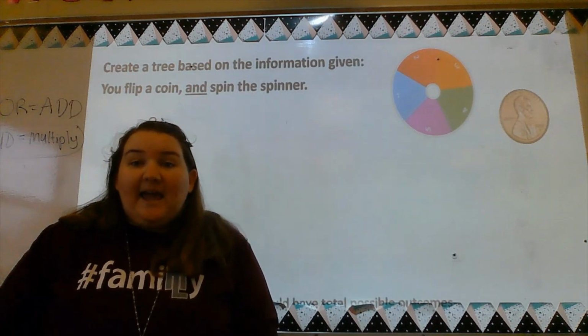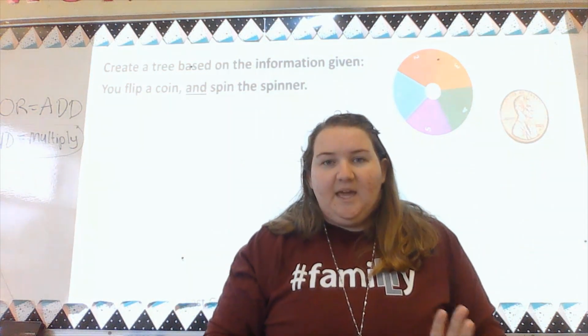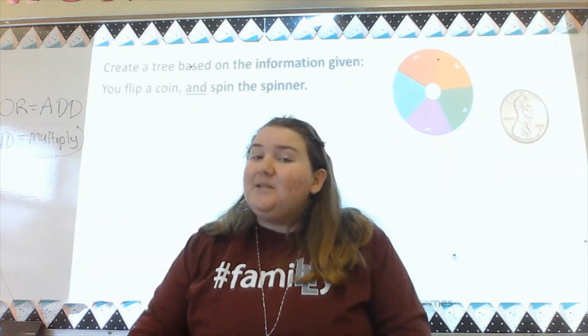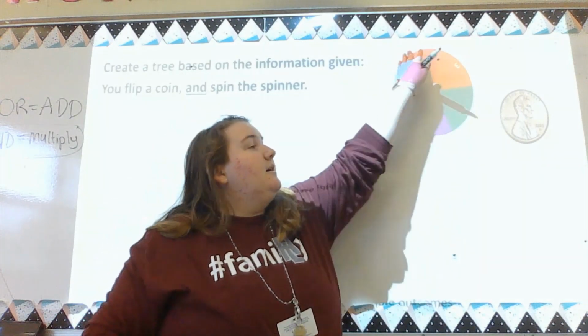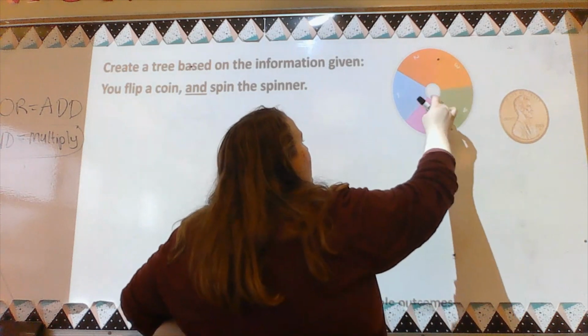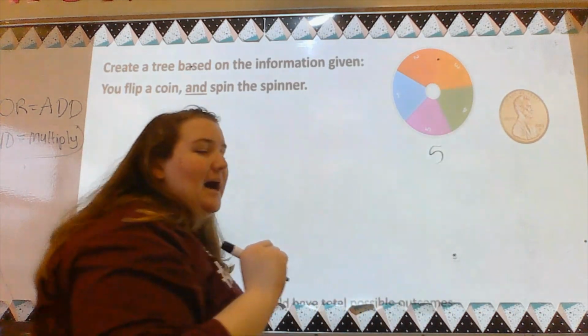Notice the word and is underlined. So if you do one thing and you do another thing, and means to multiply. So we're going to multiply to get my total possible outcome. So looking at my spinner here, I have blue, red, orange, green, purple. 1, 2, 3, 4, 5. That is 5 total possible outcomes, okay?